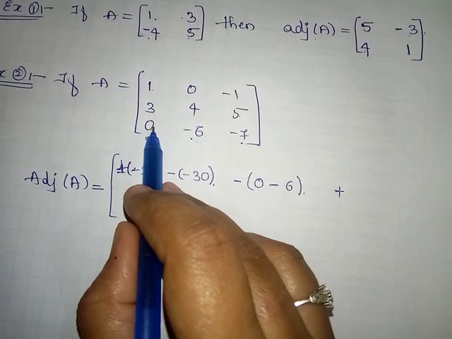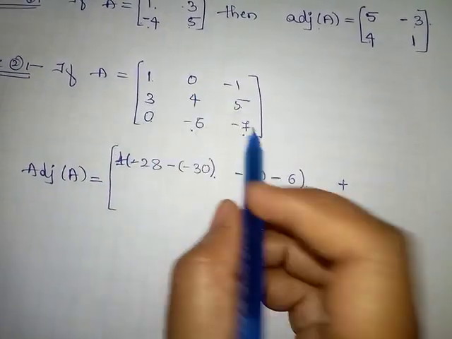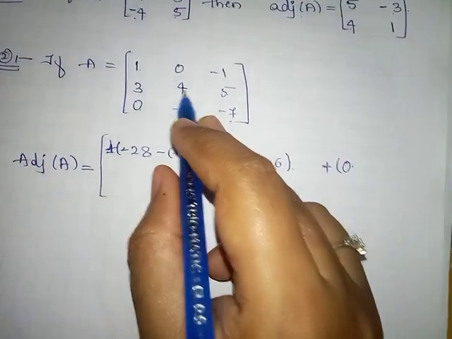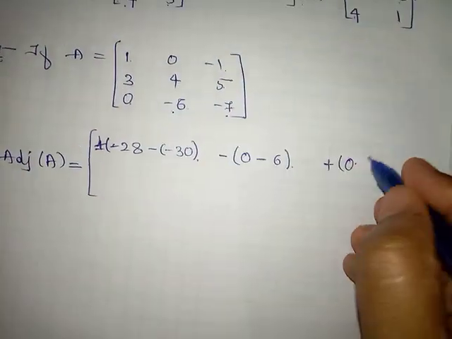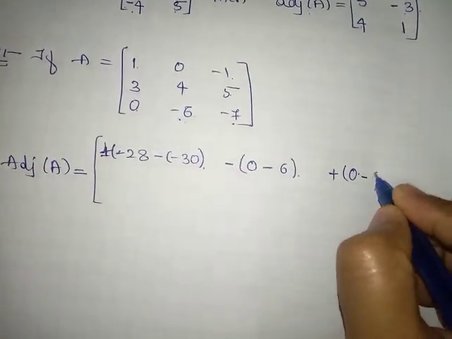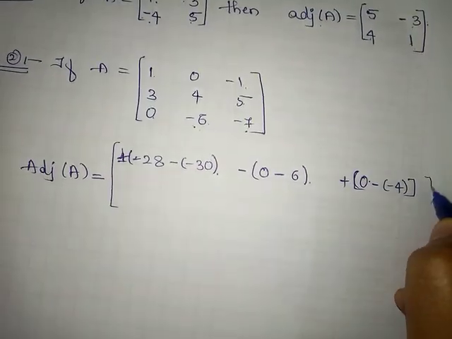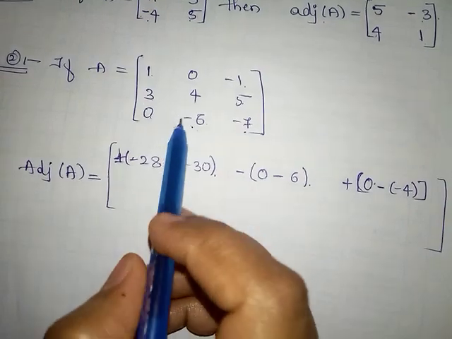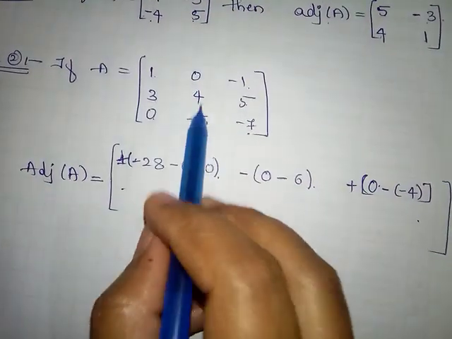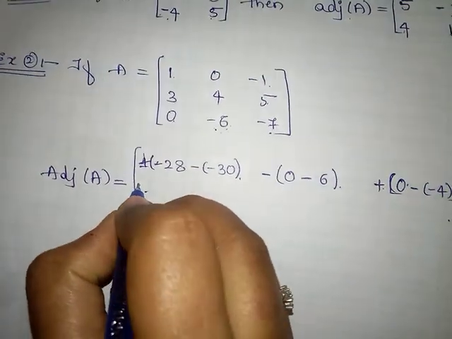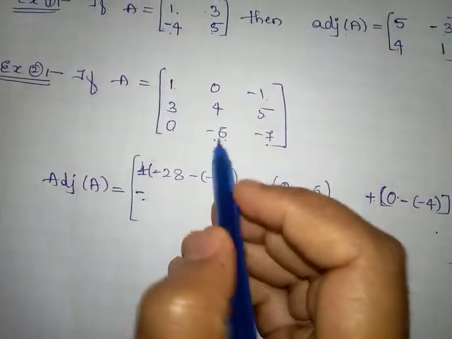Next, avoid this row and this column. It is 5, 0 into 5 is 0. 4 into minus 1 it is minus 4. It means it is minus of minus 4. This is over. Next one, for the second row we have to take the second column. Here we are ending with the positive, so here it is negative.